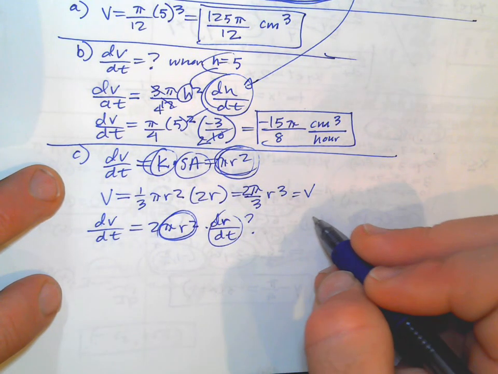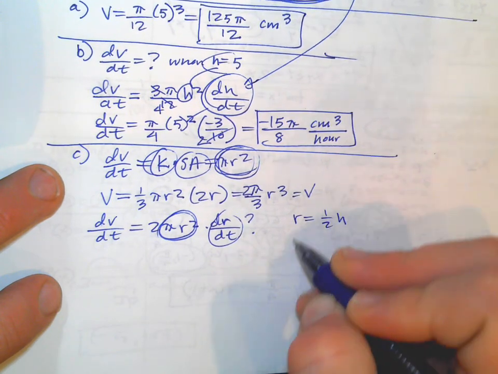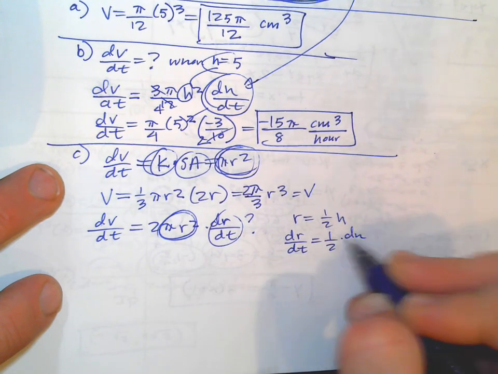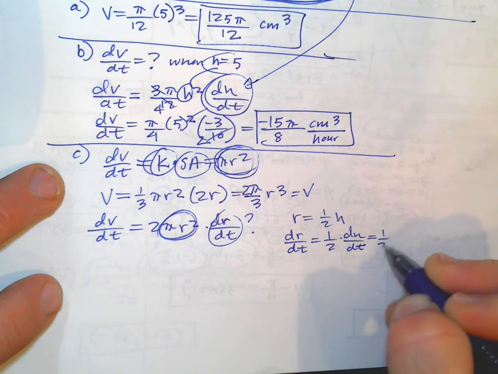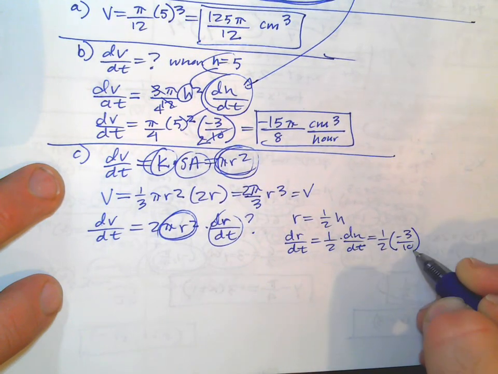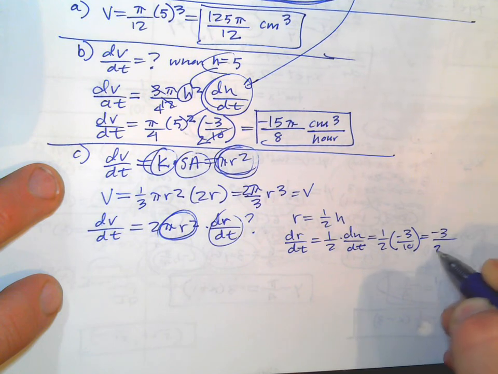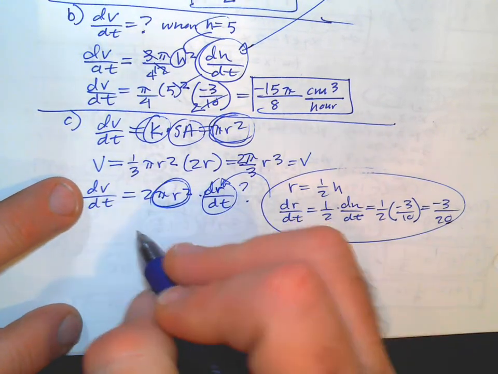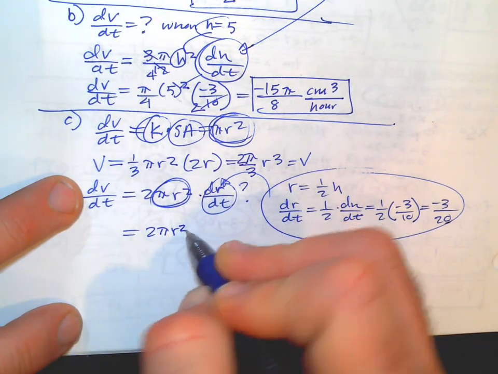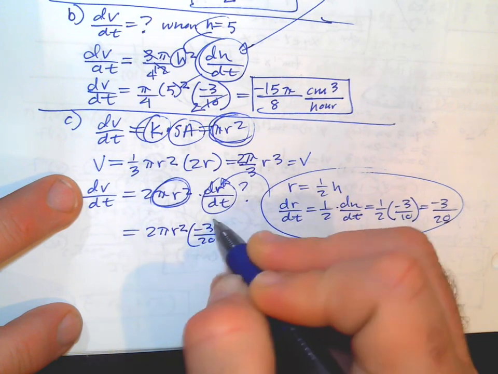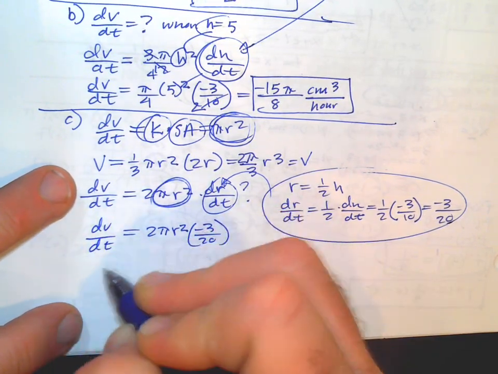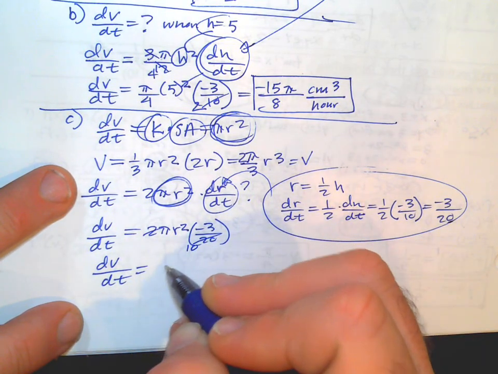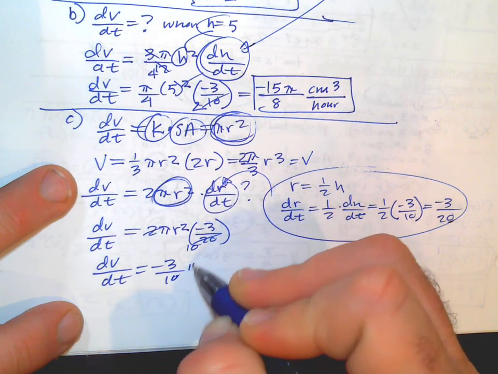So if r equals 1/2 h, then we could do another little mini related rates problem here. dr/dt equals 1/2 dh/dt. And we already know that dh/dt is negative 3/10, which makes dr/dt negative 3/20. So that's what we're going to plug in right there. So 2 pi r squared times negative 3/20. And then I'm going to simplify it. 2 goes into 10 five times. So it's going to be negative 3/10 pi r squared.